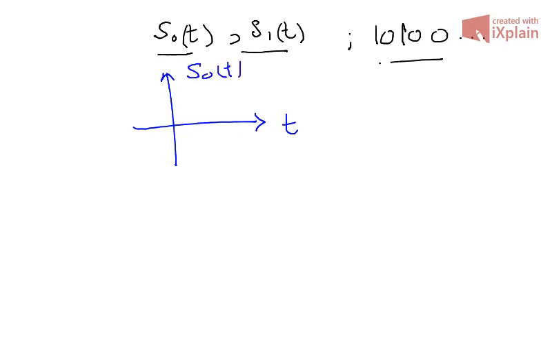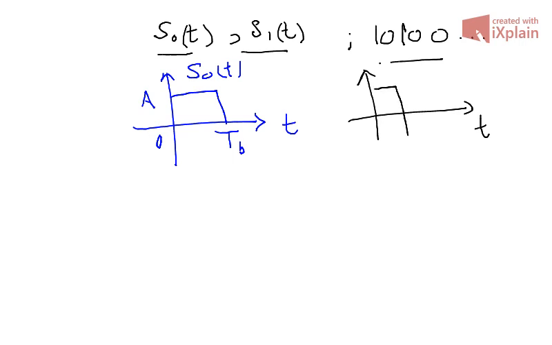The two waveforms are S0 of t, which is a pulse from 0 to TB, the bit interval, and it has a magnitude plus A. Similarly, we have another waveform which is from 0 to TB, but it is like this, right?